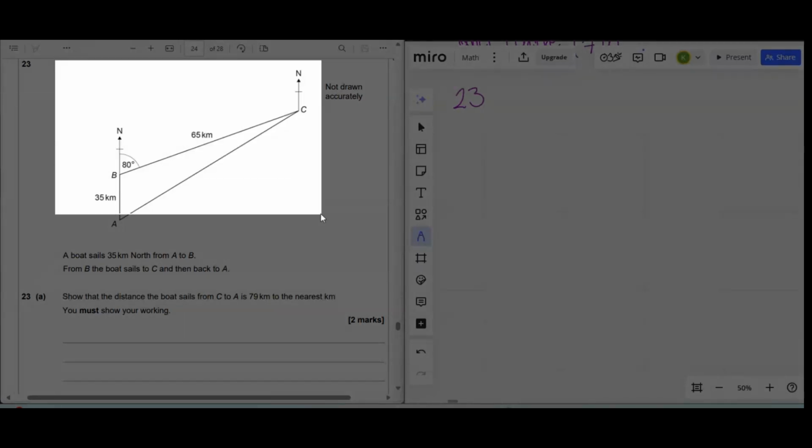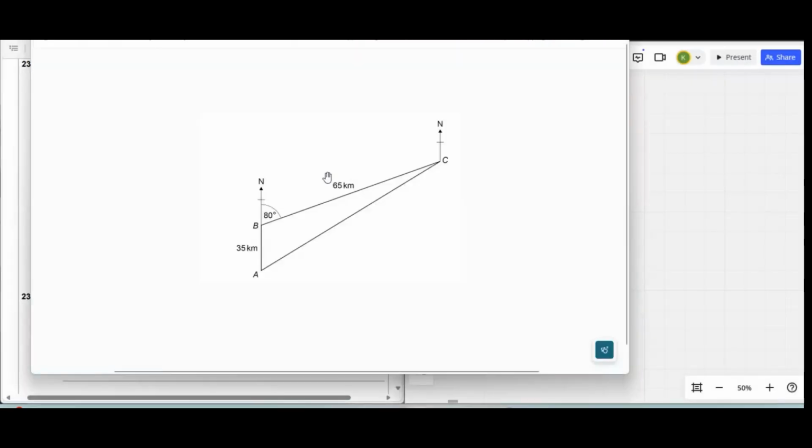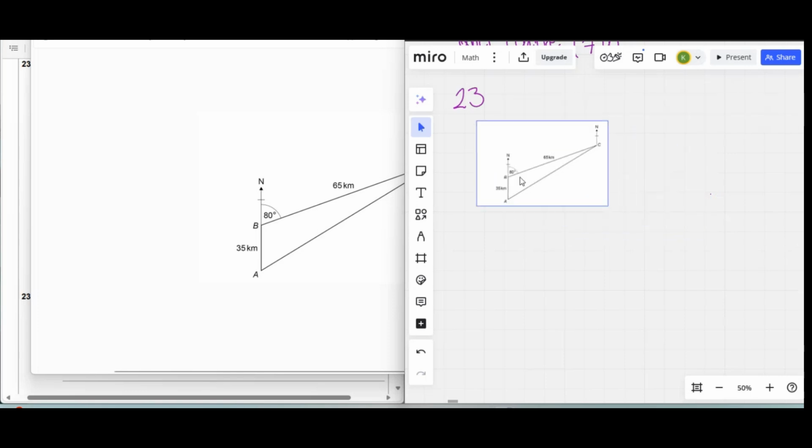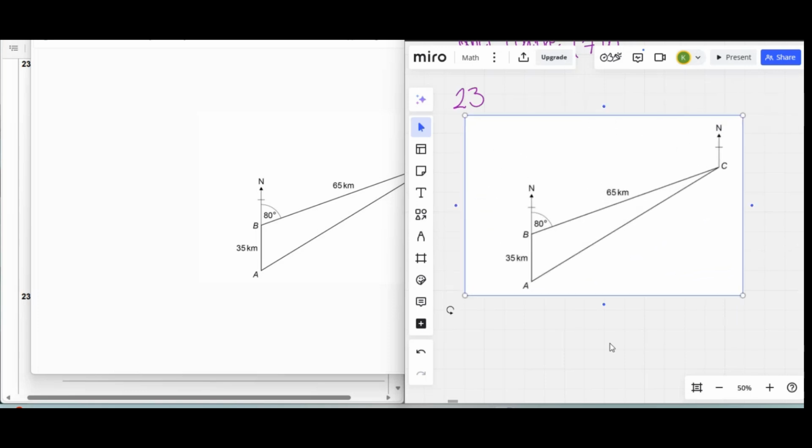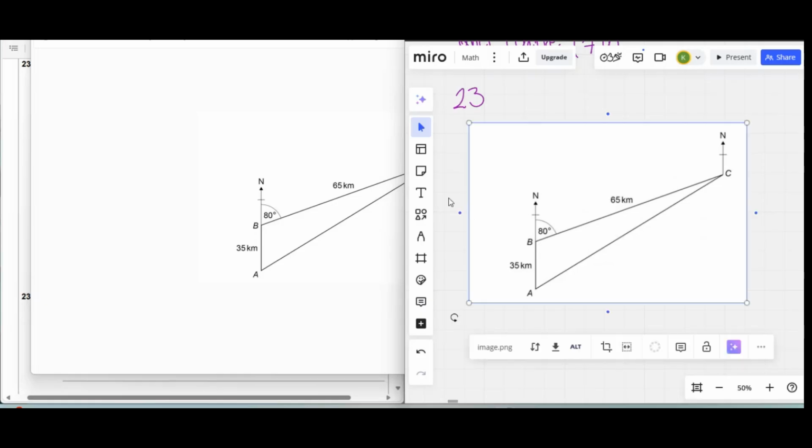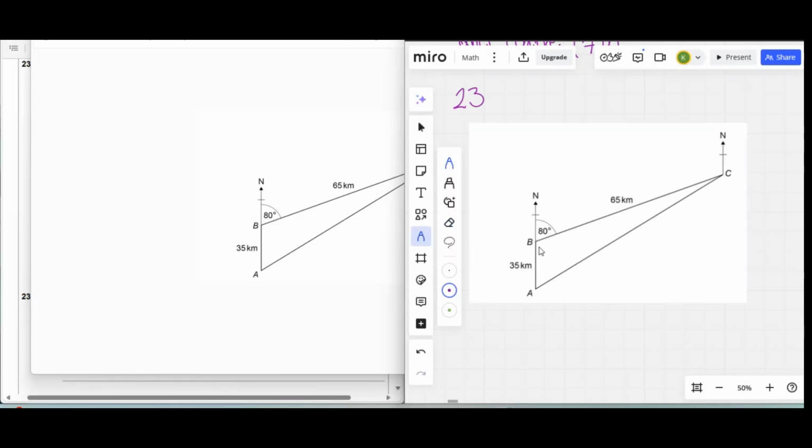Okay, maybe let's find other angles. If there is 80, then on the other side will be 100. And this is our unknown x, and we need to find that x.